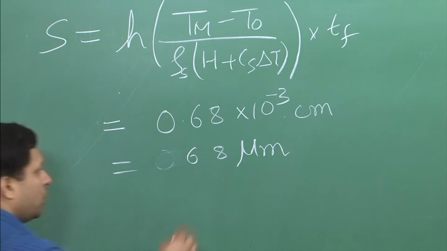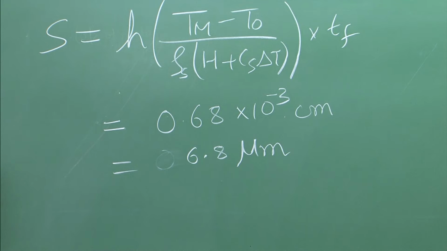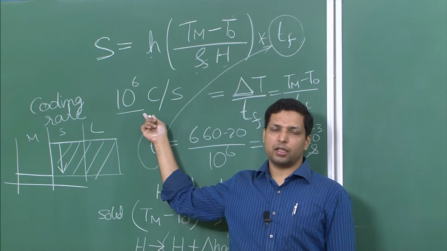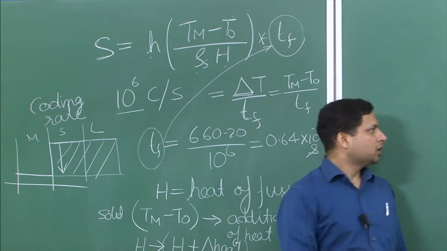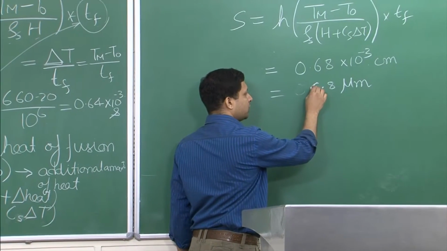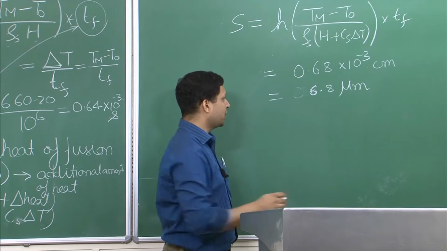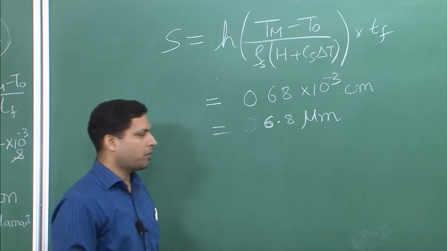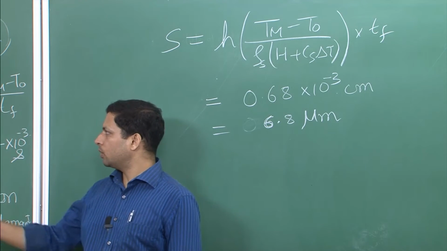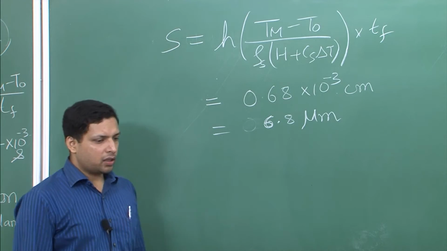So we are talking about a very thin layer, and that is only when you can get a cooling rate of this order, 10 to the power 6 Celsius per second. The droplets must be small enough so that once they splash onto the substrate, they become as thin as 6.8 micrometer, and then you will get a cooling rate like this, 10 to the power 6 Celsius per second. So that is the solution for this problem.